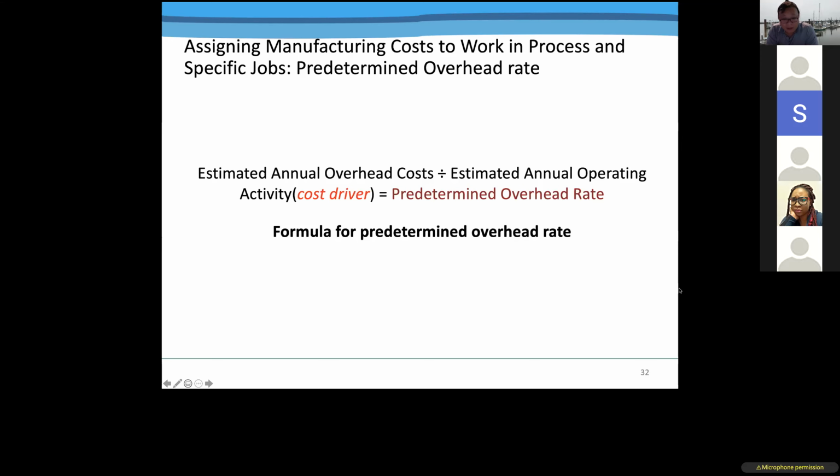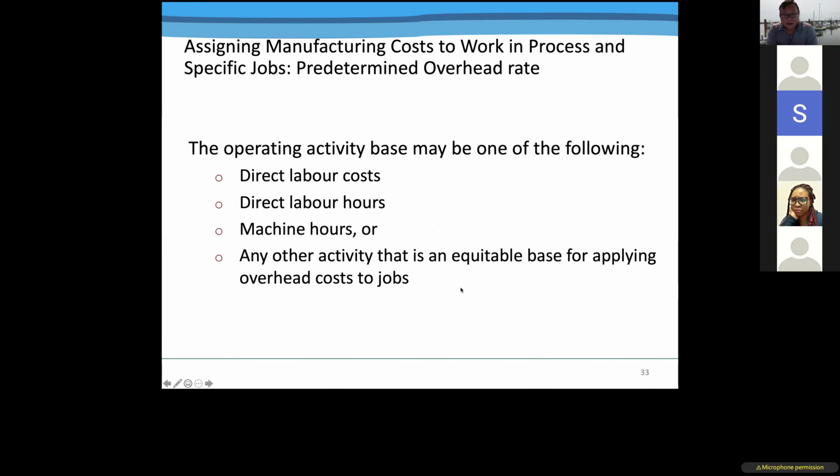Okay, anyway, let's continue. Like I mentioned, the operating activity base may be direct labor cost, direct labor hours, machine hours, or any other activity that is an equitable base for applying overhead to jobs. So I will give you one example.